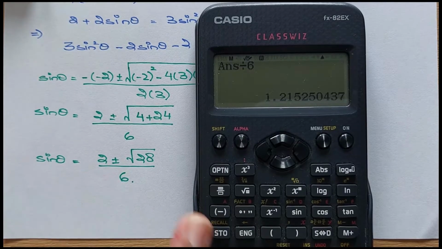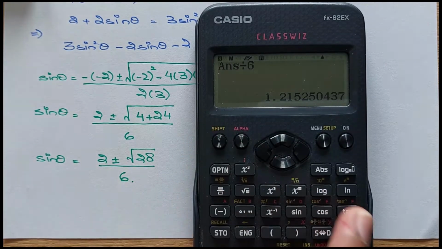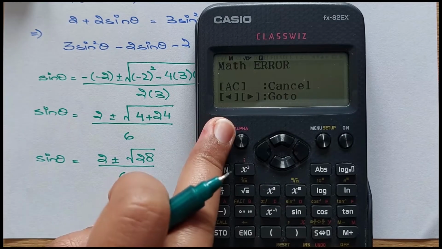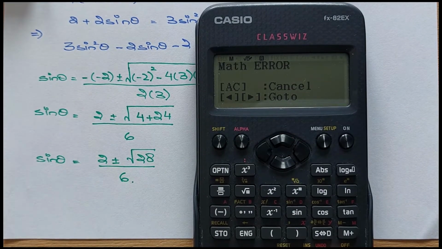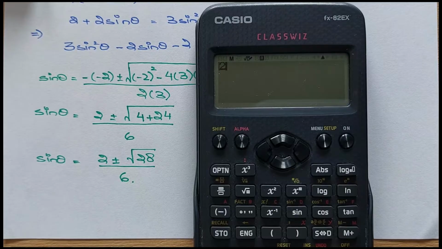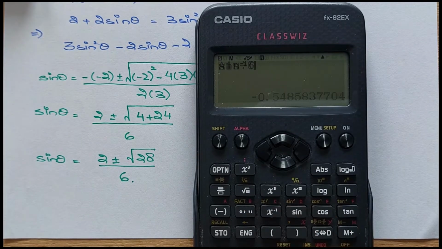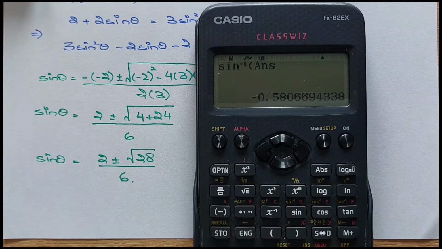And when we solve for theta, we do the inverse. Sine inverse of this is undefined, so we can't take the first value, right? So for the second, 2 minus square root of 28 divided by 6, doing a sine inverse, we can take this value, yes.